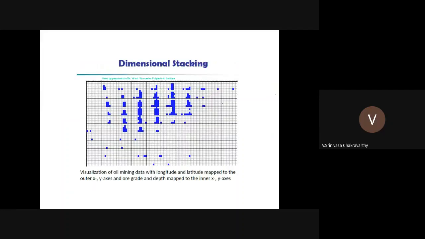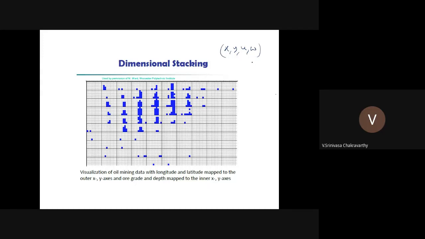This is again similarly dimensional stacking. Here they are showing 4-dimensional data. The data has, let us say, x, y, u, and w, so 4 components. Normally if you want to show x and y, you can have a graph, but how do you do u and w?